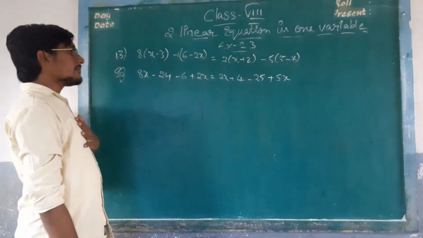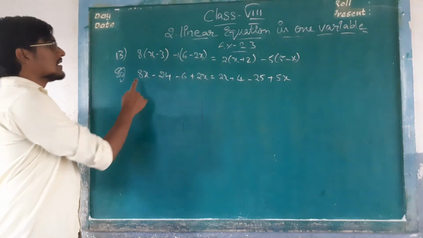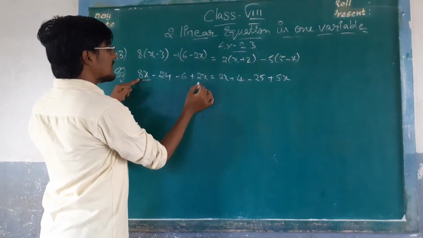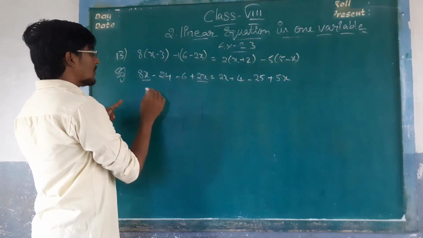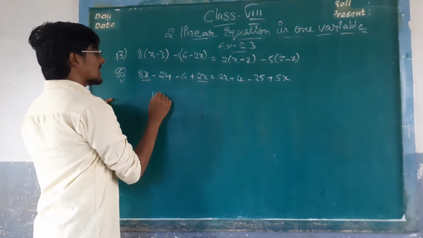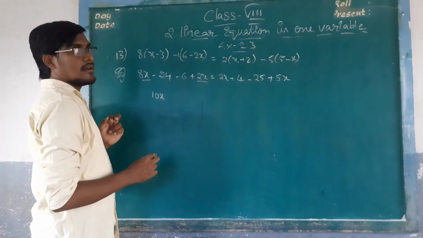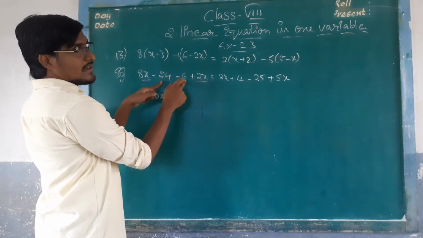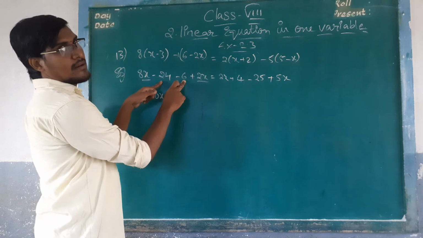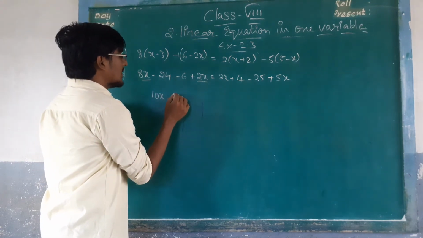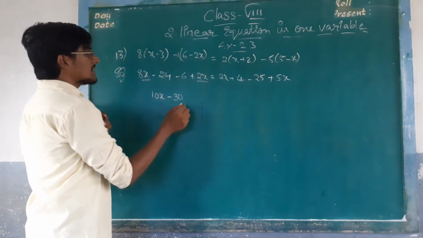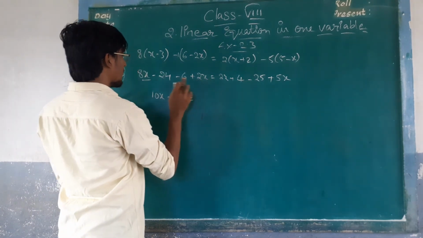Okay, so add the variables. What are the variables here? 8x is a variable and 2x is a variable. 8x plus 2x, that is 10x. So what are the constant values? Minus 24 minus 6. Minus means we have to add. 24 plus 6, 30. So the highest value is minus, minus 30 equal to.